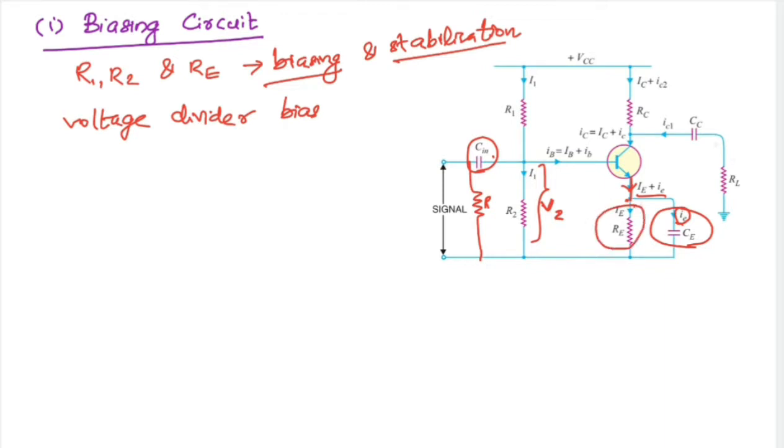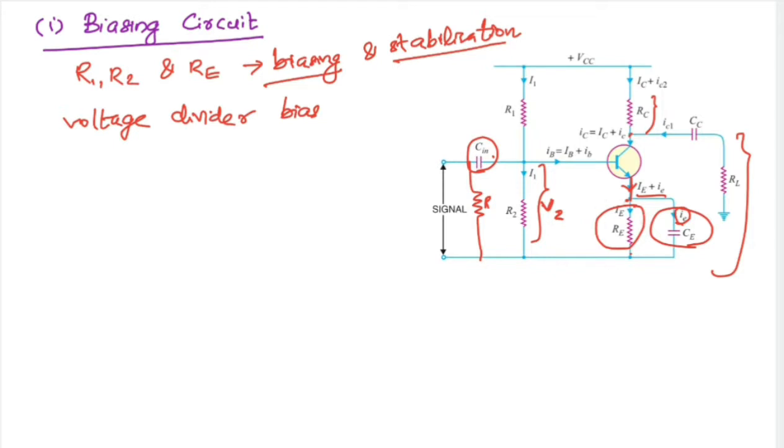We know what is the importance of this resistance? Here you can see that in a common emitter amplifier, you can take output in two ways. First one across IC, and second one across collector and ground. So this is the load resistor, and we get output across the load.